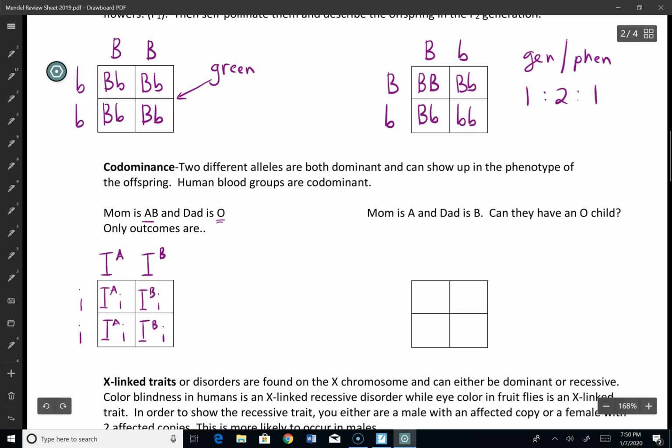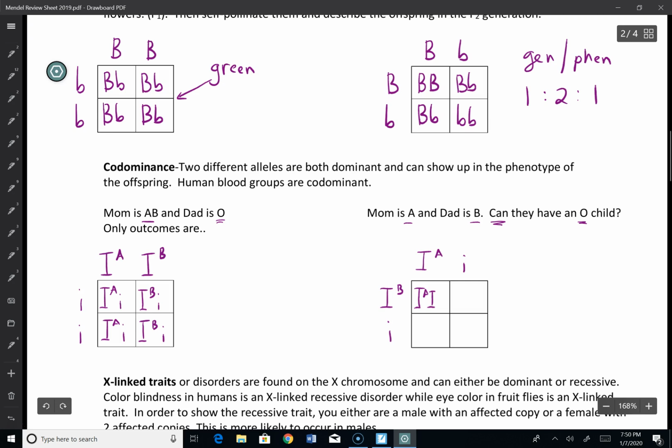Well, what if mom is A and dad is B, and I don't tell you if they're pure A or they're heterozygous A, but of course I'm being nasty and asking you if they can have a child with type O. Well, they can, if mom is capital IA, little i, dad is IB, little i, and they could have a kid that is blood type AB.